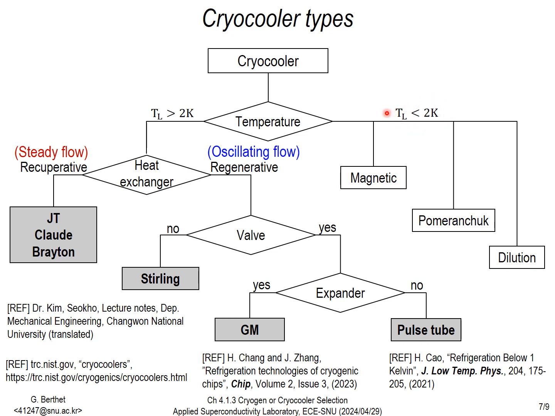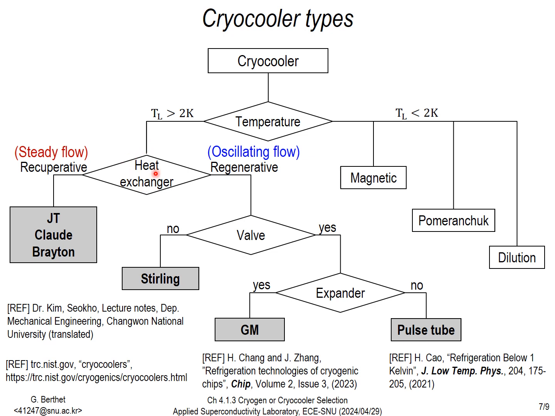For below 2 Kelvin the main techniques are magnetic refrigeration, which uses the properties of certain materials to warm up when exposed to a magnetic field and cool down when demagnetized, Pomeranchuk cooling, which exploits the properties of helium-3 liquid-to-solid transition under 0.3 Kelvin, and dilution refrigeration, which exploits the heat of mixing of helium-3 and helium-4 isotopes. On the other side, there are the thermodynamic cycles used for cooling above 2 Kelvin.